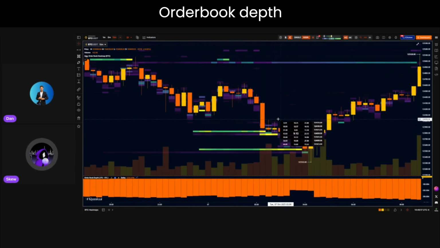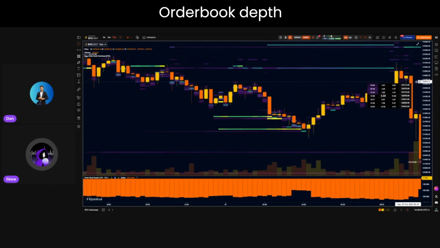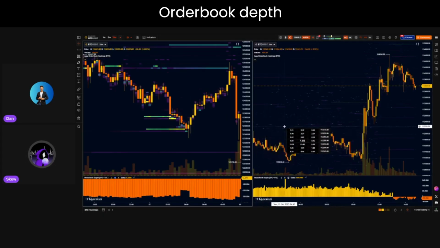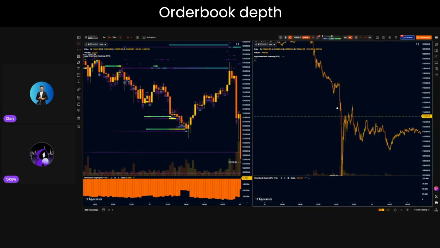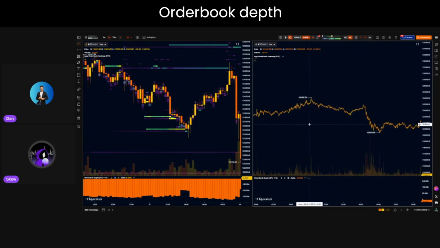Spoofing is basically an order which is placed for a limited amount of time and then pulled. They do it more often on spot. They'll spoof on spot, which basically means they put a big buy order on spot that causes algorithms to buy, which lifts price, right? When this happens, you want to be looking on perps, because they only do that when they need to bail out of a position.